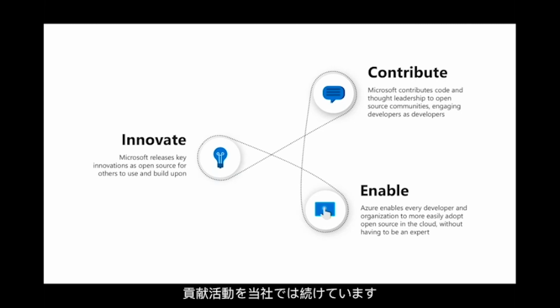And then lastly, from an enable perspective, is to make sure that every developer or organization is able to adopt open source in the cloud without having to be an expert.